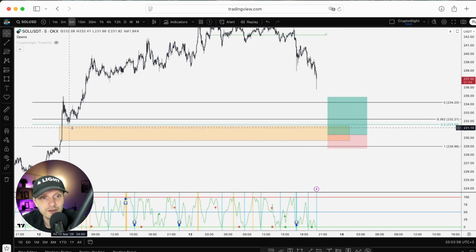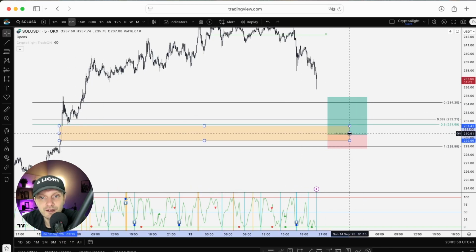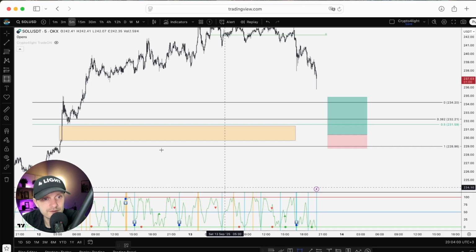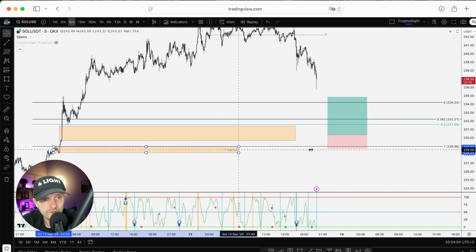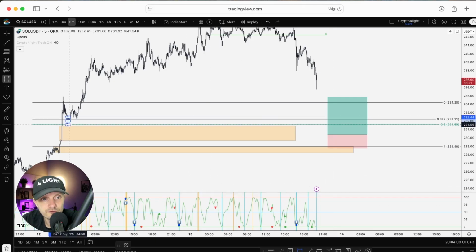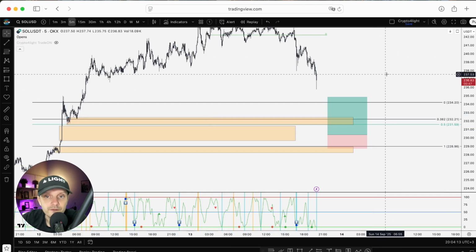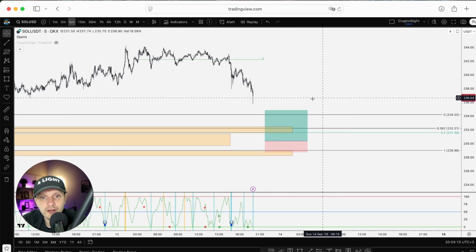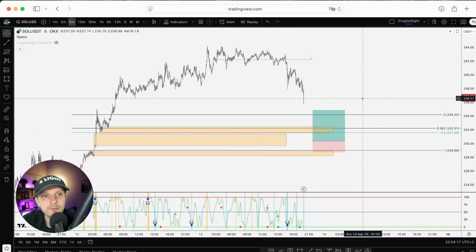On the 5-minute time frame, we can see this is a 15-minute time frame gap, and under it we can see the zone of support also, and this zone of support. So you can mark those zones. And it's only up to you at what level to open that position.